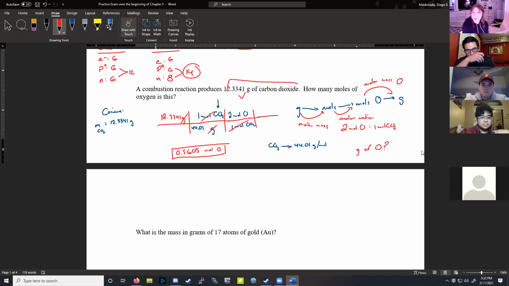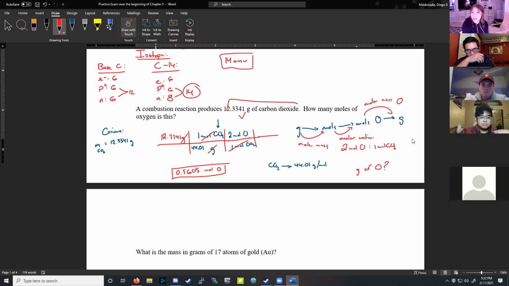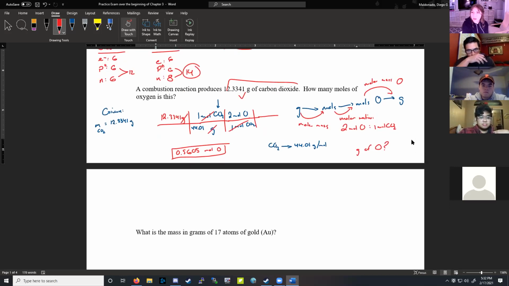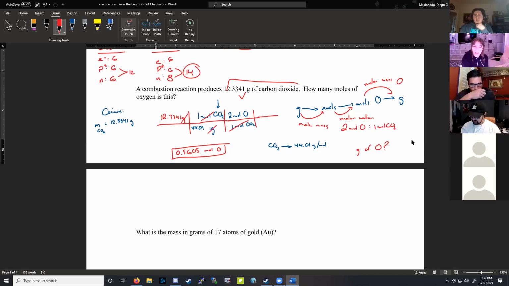I think that no matter if you put O2 or just O, it's still the same amount of oxygen. Like carbon dioxide, the molar mass is double that of a single oxygen. I would just use the single one, so 16.